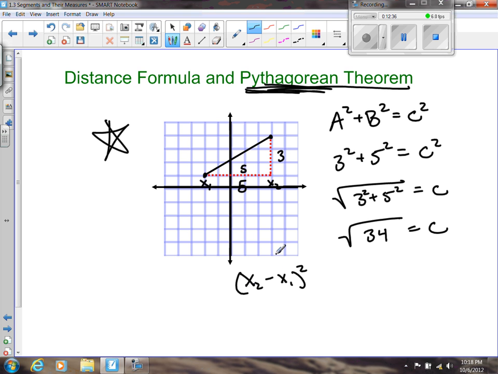So x2 minus x1 tells me this length. So if this is at a 3, this is at a negative 2, well, I took 3 minus negative 2, and that was that length of 5. That was the number that we just counted. So it's just a lot faster just to count it. The distance formula comes from the Pythagorean theorem.